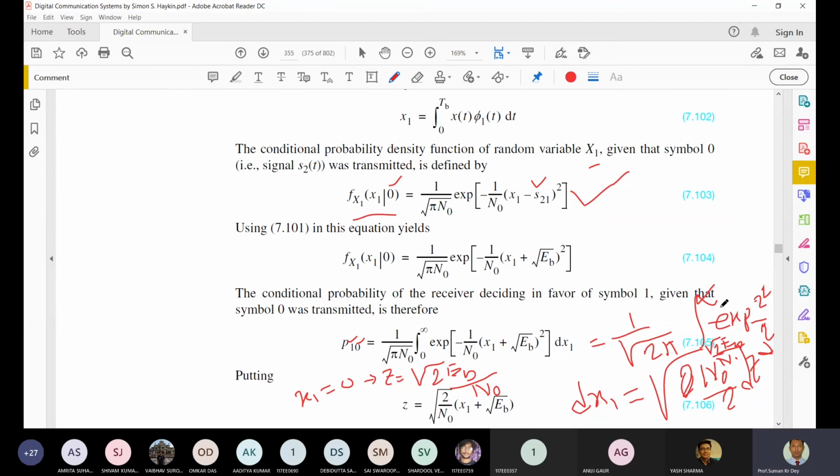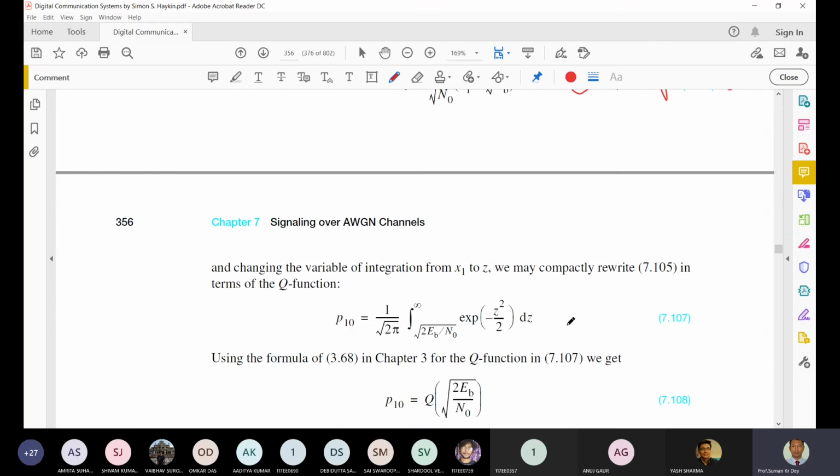Okay. So basically this expression is the same as the Q function. If we have any expression like this, we can represent it by the Q function, which will be equal to Q of square root of 2 Eb by n naught.